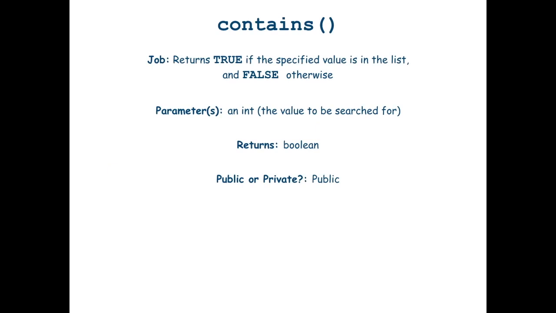What contains does is it also receives a number as a parameter, and then it will search for that value. If it finds it, it'll return true, indicating that this value is in the list. If we're unable to find it, it'll return false, indicating that this value was not in the list. So clearly, the return type for this method will be a Boolean.